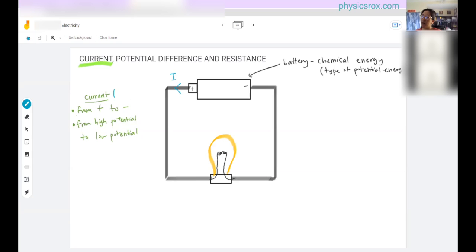I represents current. Actually, I should use green color. Why did I use blue? Okay. Current, they use the symbol I. They draw the current flow from positive to negative. Now, if I'm not mistaken, your book draws the other way, right? Your book draws the arrow flowing from negative to positive.